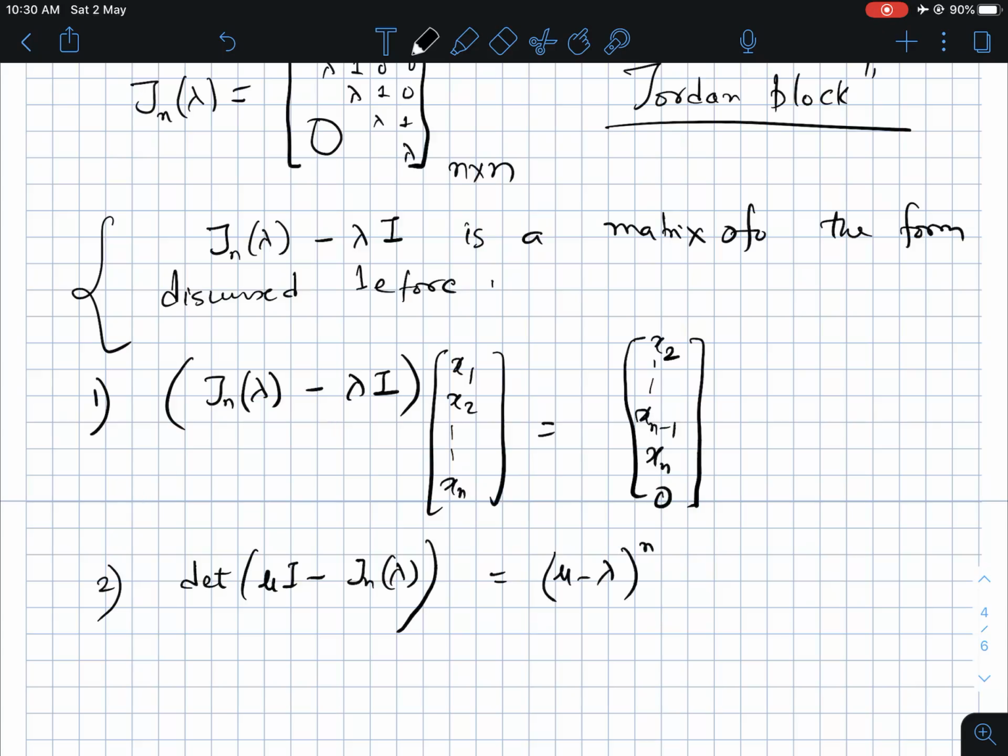Remember, this is a function of mu; lambda is just some fixed scalar on the diagonal. So lambda is the only eigenvalue, with multiplicity n.